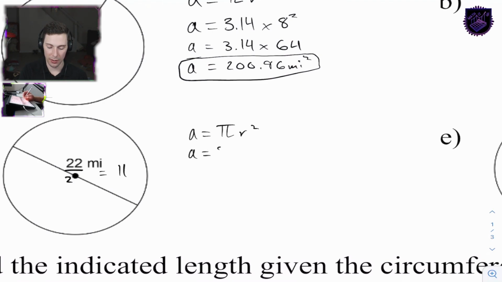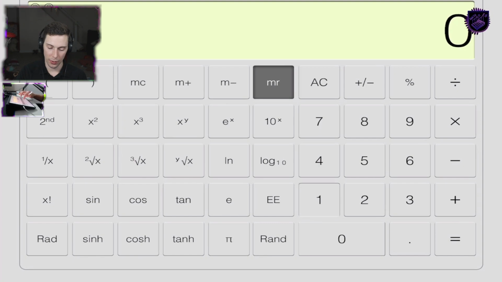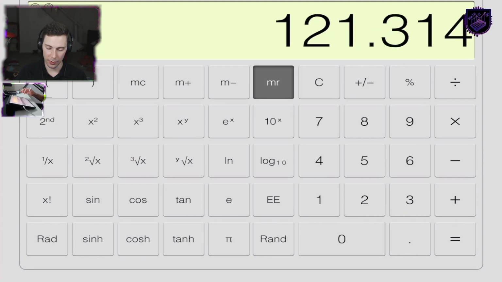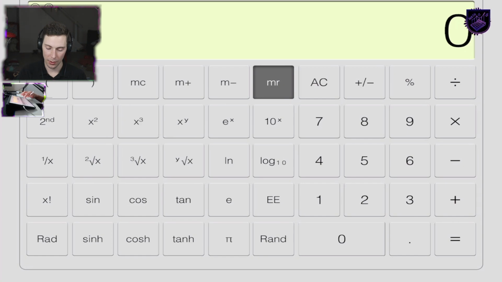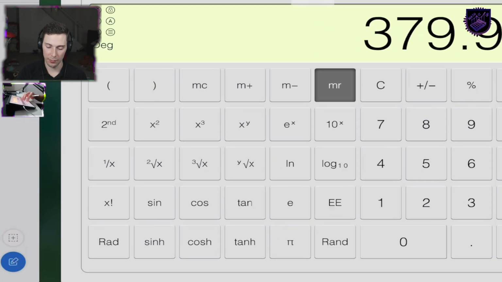We know pi is 3.14, and we know our radius is 11. 11 squared. So our area will be equal to 3.14 times 121. I'm going to use my calculator. 121 times 3.14 is 379.94.